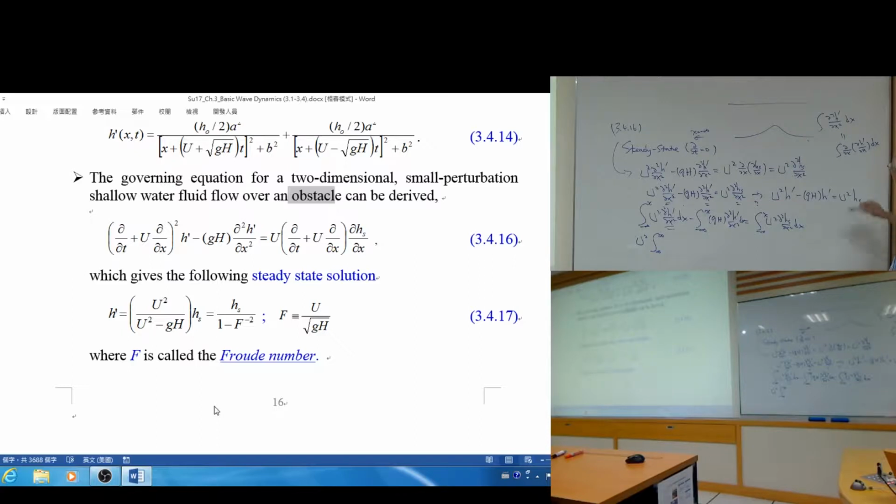Agree? And then this cancels out, and this becomes dh prime/dx from negative infinity to x. So this becomes like this. Okay, and then let me see.